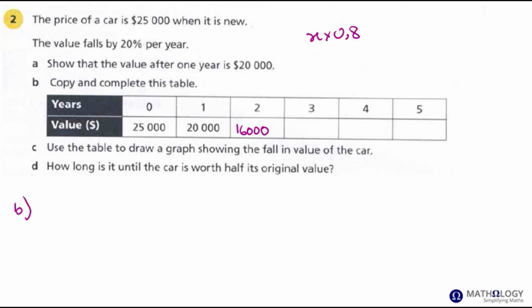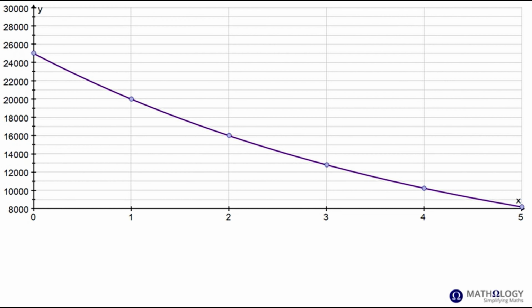Then we multiply 16,000 by 0.8, we get 12,800. Multiply 12,800 by 0.8, 10,240, and then times 0.8, 8,192. When you've plotted all of those points, the graph should look something like that.